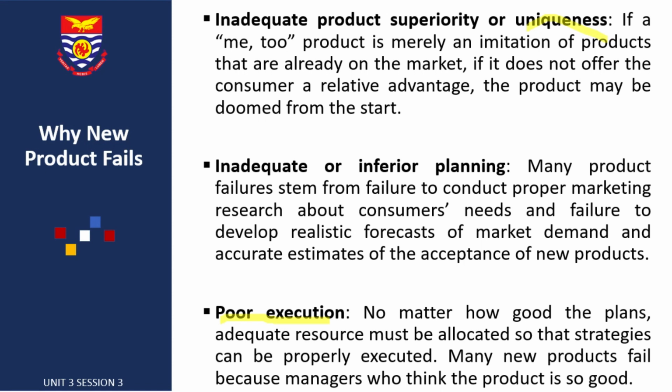Even though planning could be done well, there is a need for available resources that will help to implement the plan, because poor execution of a plan can thwart or destroy the plan at a go. So there's a need for the organization to plan well and also to execute the plans very well. No matter how good a plan is, adequate resources must be allocated so that the strategies can be properly executed.